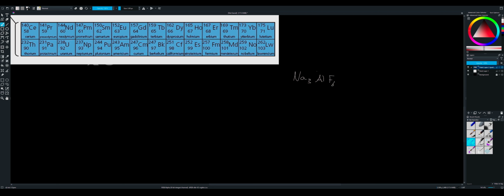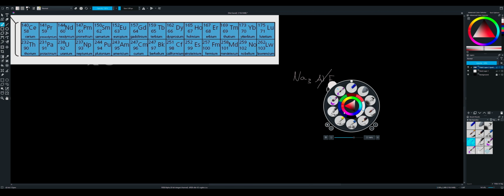Just as we did with the sodium aluminate, or the sodium aluminum oxide, we're going to break this down into cations and anions to make it easier for us to understand this compound.